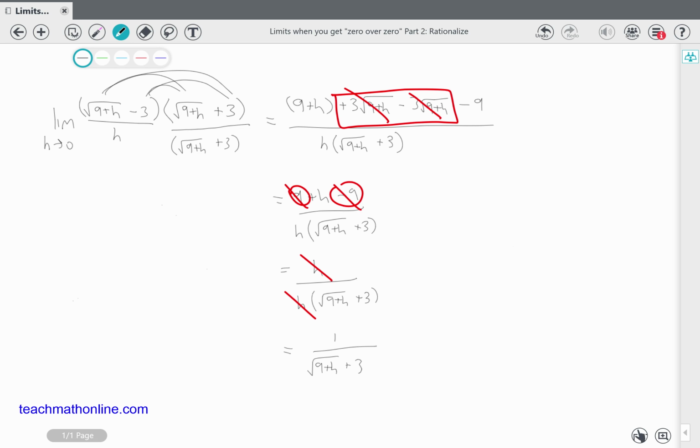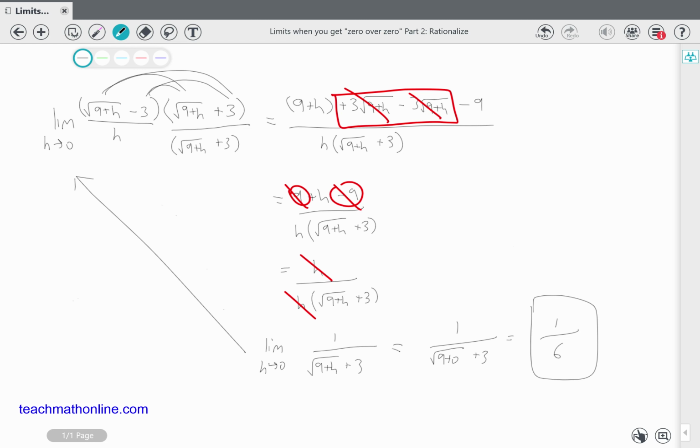And if we were to take the limit of this as h approaches 0, exactly like we had in the beginning, we will get 1 over the square root of 9 plus 0 plus 3, which is equal to 1 over 6.